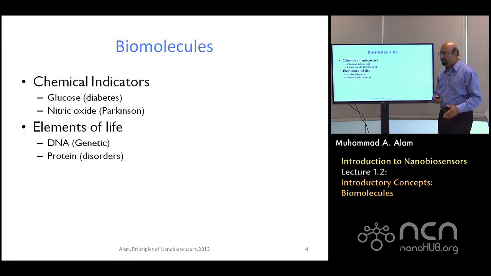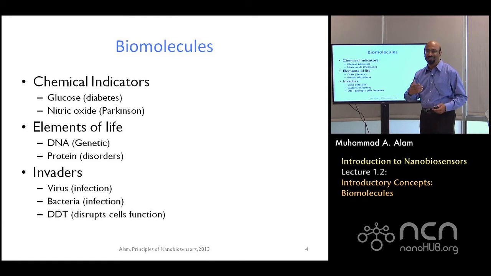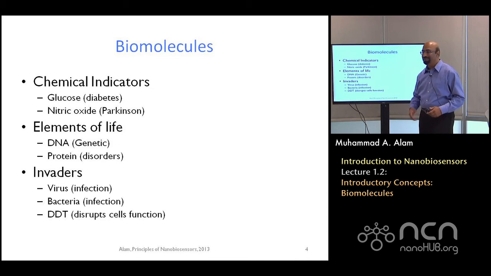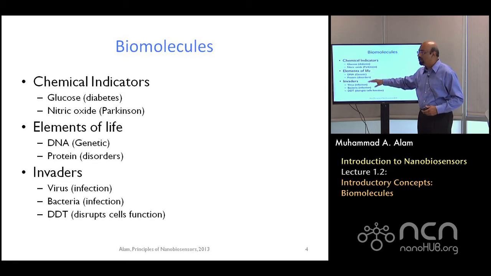The second type of molecules we'll be thinking about are DNA and proteins. These are polymers. And third are the invaders, which come from outside and make us sick: virus, bacteria, and even chemicals like DDT, which disrupts cell function and therefore can be very bad for the ecology and for the environment. So three types of molecules.